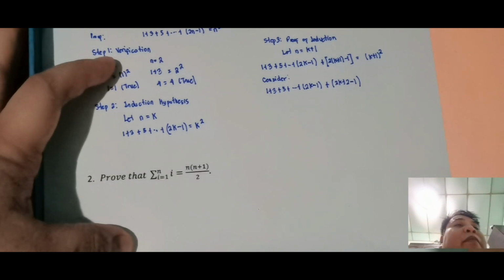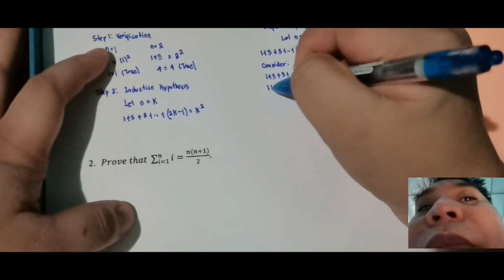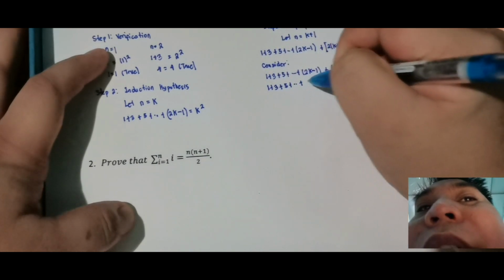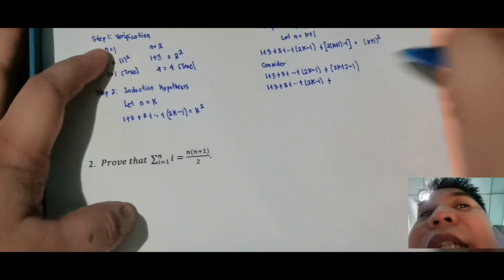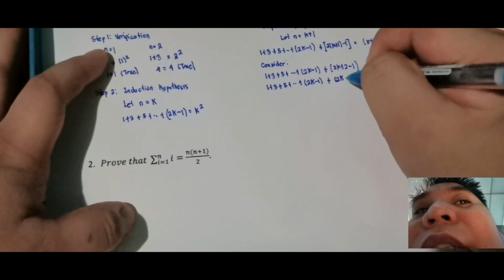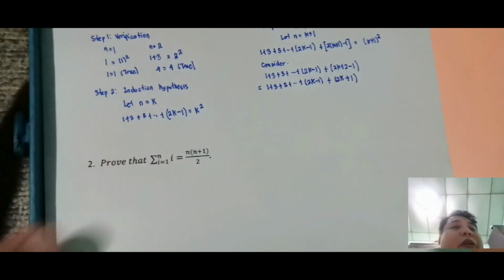So, proceed tayo. So, this is equal sa 1 plus 3 plus 5 plus dot plus 2k minus 1 plus 2k, okay, then 2 minus 1 is plus 1. Okay, that is equal sa part na yan.